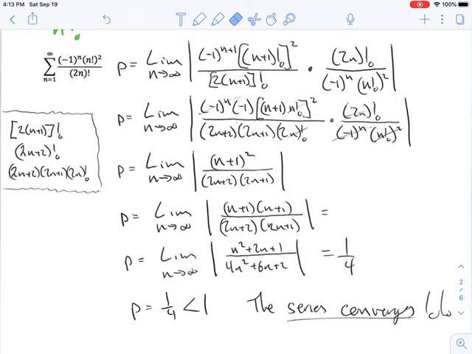So -1 to the n power becomes -1 to the n plus 1 power. N factorial quantity squared becomes n plus 1 factorial quantity squared. Make sure that you get the square, the whole factorial is being squared.